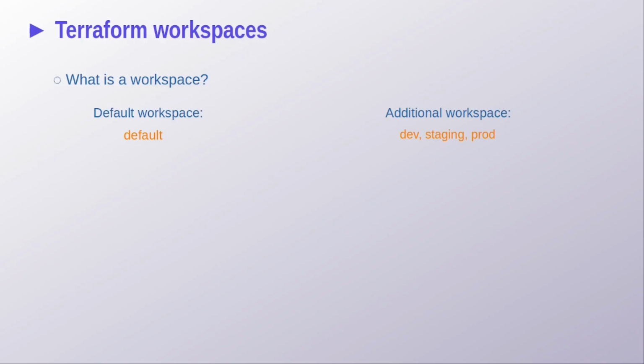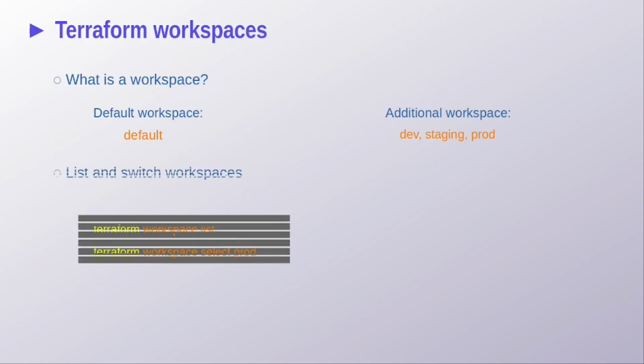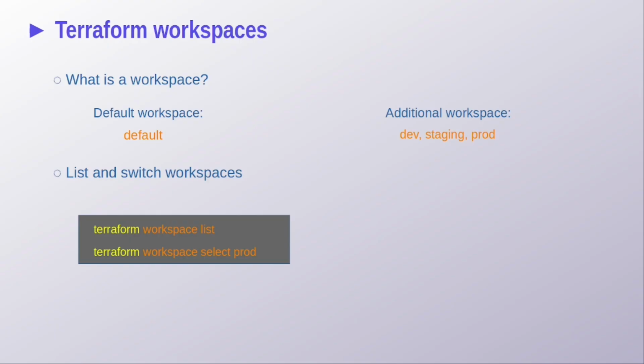By default, Terraform has one workspace called default, and you can add more, like dev, staging, and production. But remember that a workspace is not a real environment. It is only a different state file. This part is extremely important. Click and switch workspace.